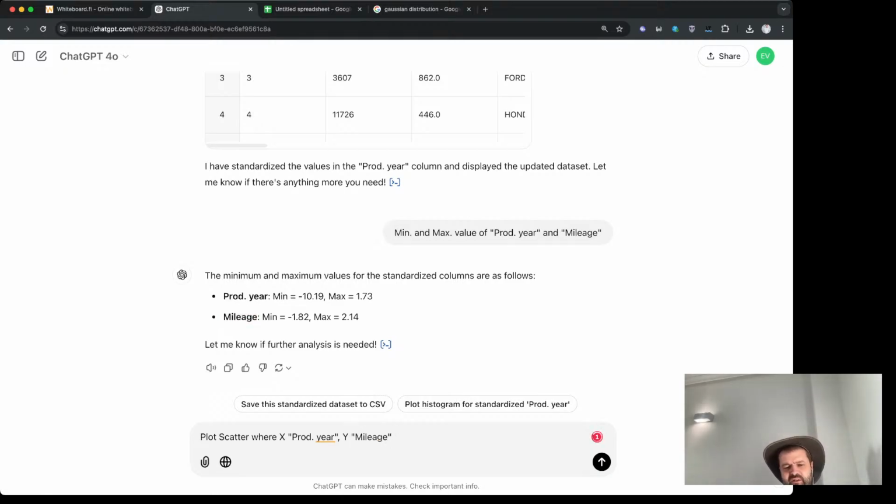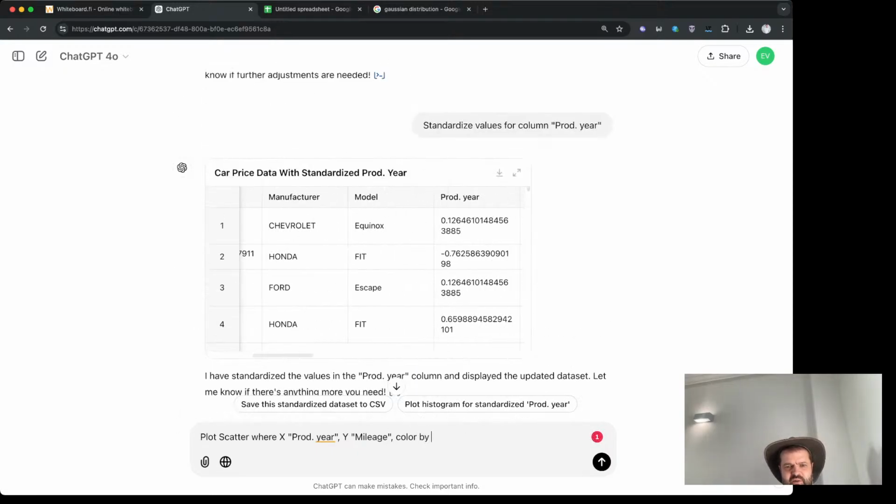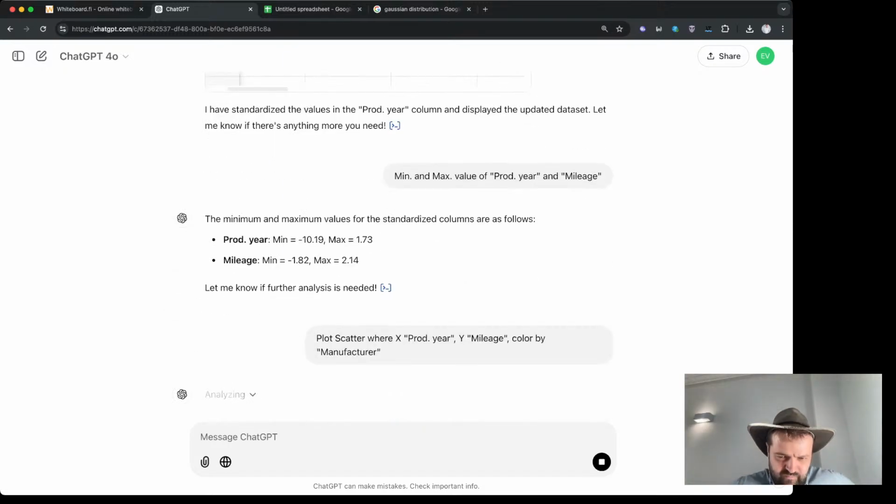And then color by, what is the color? So the model. Yeah, no, not the model, manufacturer. Manufacturer, like that. Okay, let's see. So now, after my standardization, I should have a really nice plot.